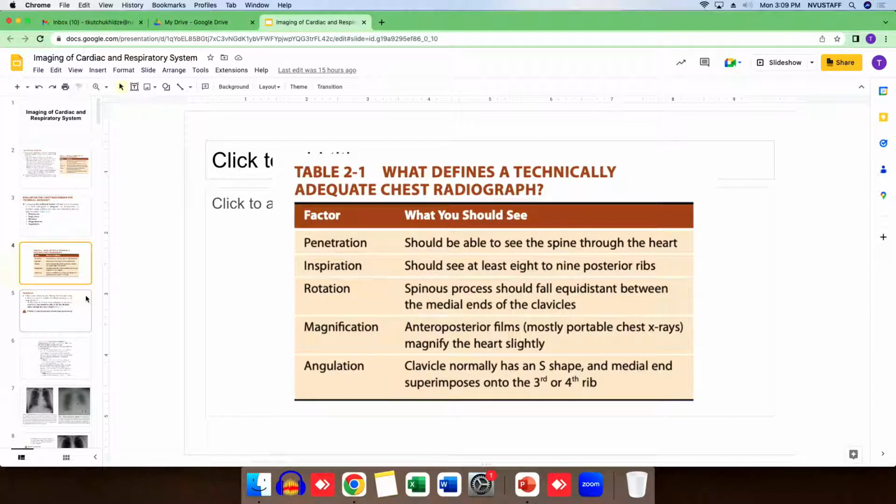Rotation means the spinous processes should fall equidistantly between the medial ends of the clavicles. Magnification means that we are having a really good photo of our chest X-ray, and angulation means that the clavicles have a normal S-shape and are medially located, superimposed onto the 3rd and 4th rib.